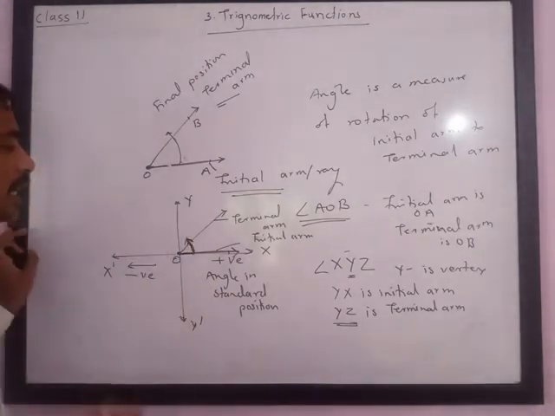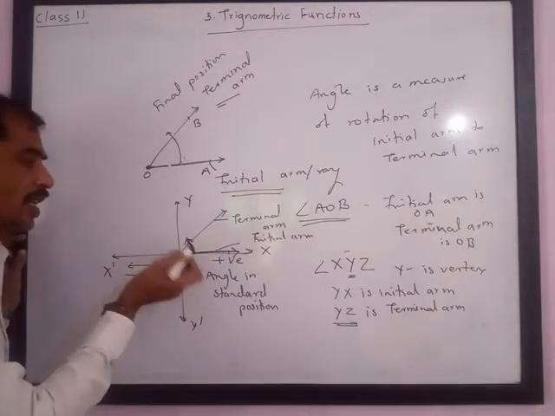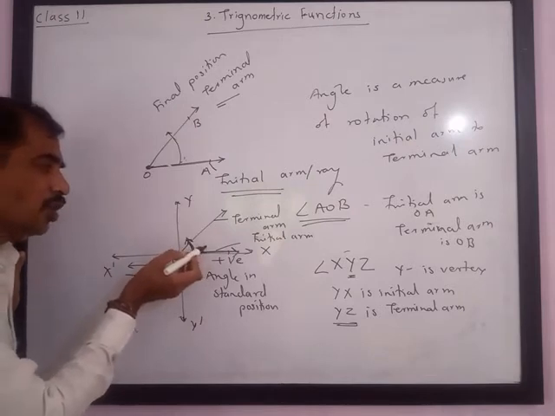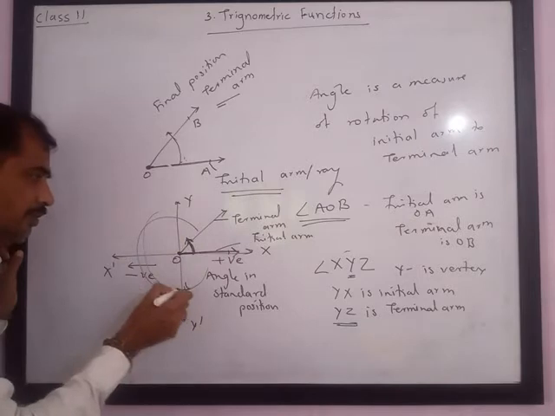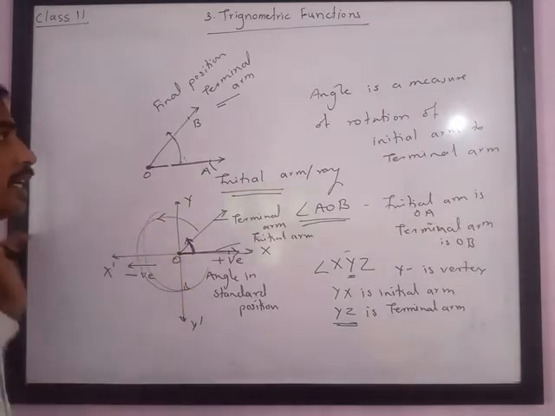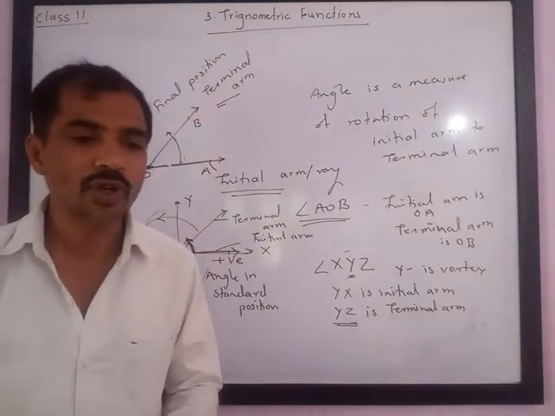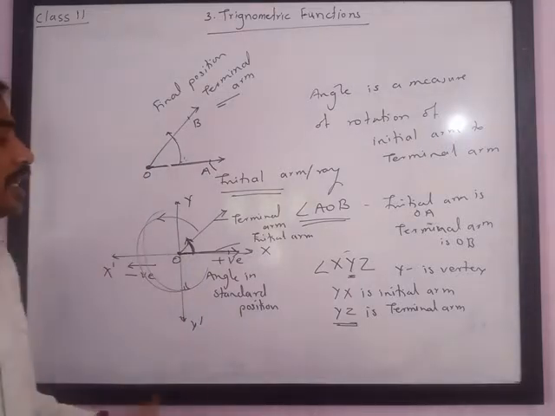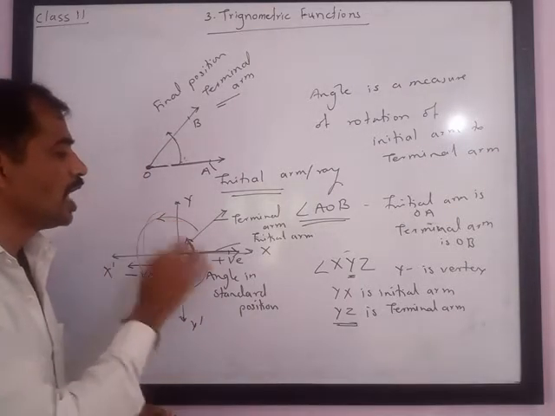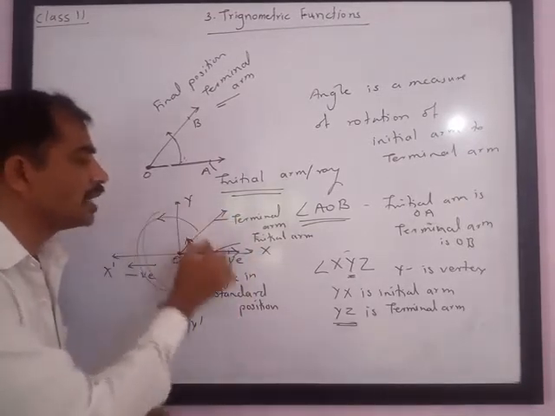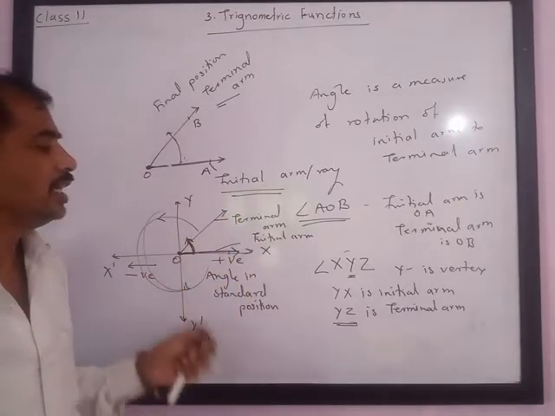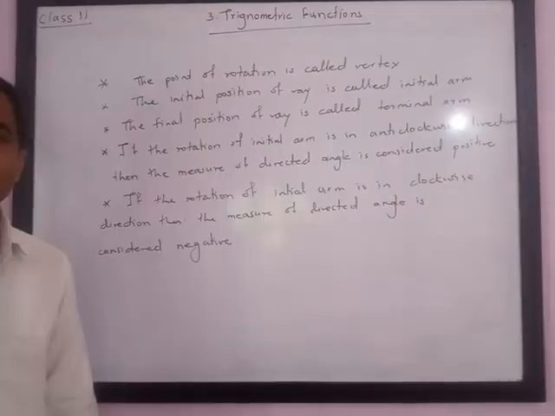Now, if the initial arm is rotated in the anti-clockwise direction, it is considered positive, and if the initial arm is rotated in the clockwise direction, then the measure of the angle is considered negative.